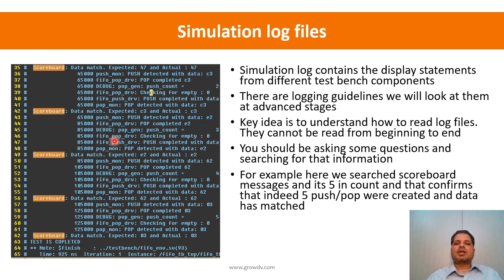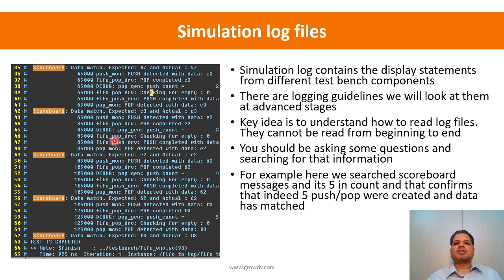And this is especially important because for constrained random tests, you don't know what exactly the stimulus the test has created. So you have to ask questions. So as a first step for this FIFO Testbench, I would like to know whether all of my push and pop were generated, right?